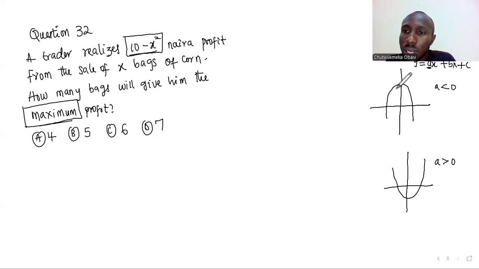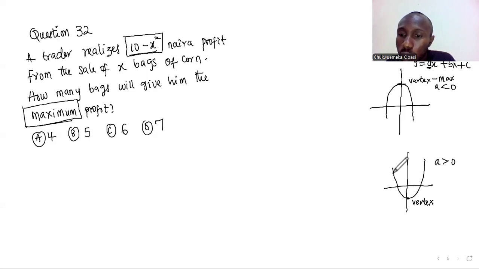Now let us go further to discussing other details about the curve. This point you see here is the turning point of the curve, and that point is the vertex. When the curve opens downward like this, the vertex is referred to as the maximum point of the curve.